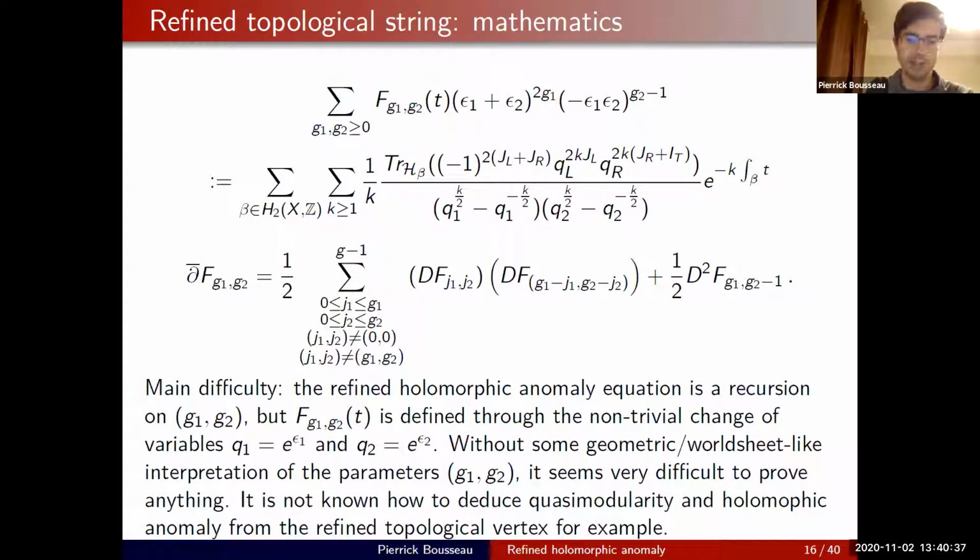A related fact is that it's not known how to deduce quasimodularity and the holomorphic anomaly equation from the refined topological vertex. You might argue that for toric Calabi-Yau threefolds, you can compute the refined topological string, for example using the refined topological vertex. But still, it's not known how to go from there to the expected quasimodularity and holomorphic anomaly equation.